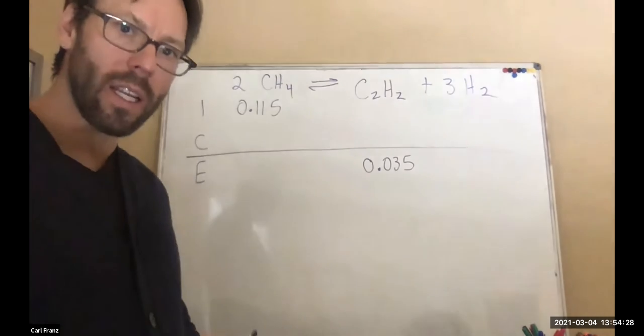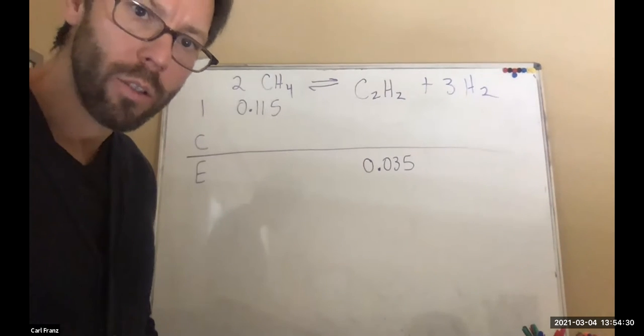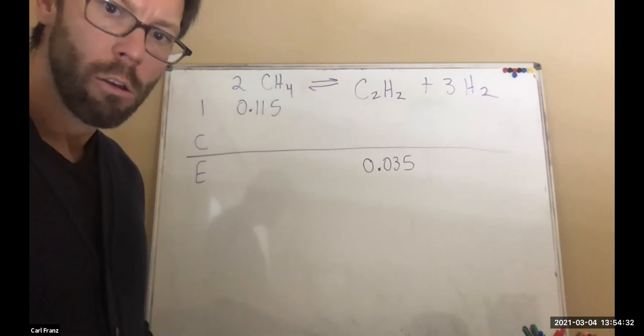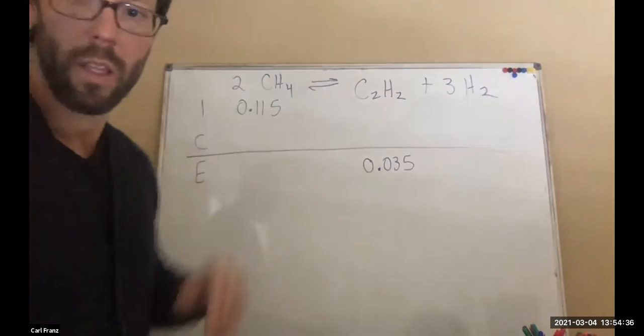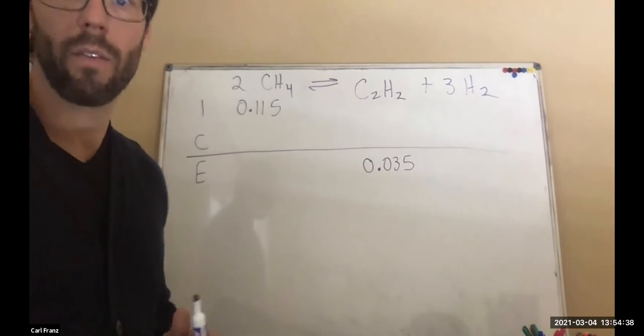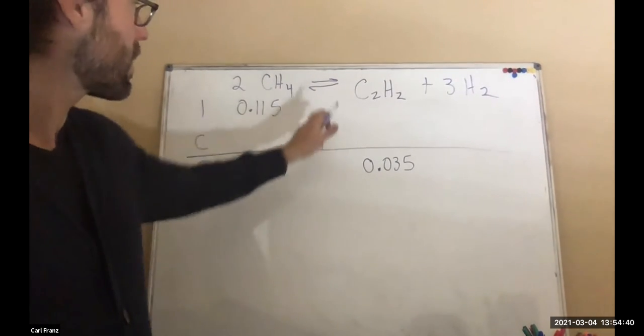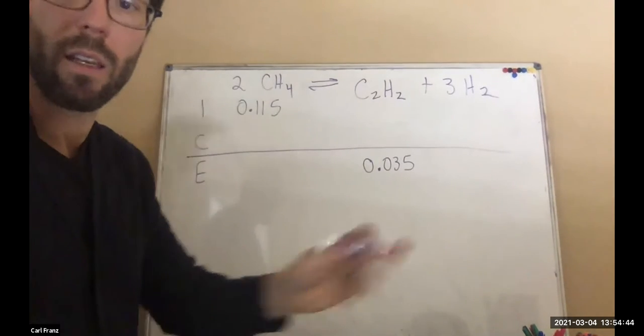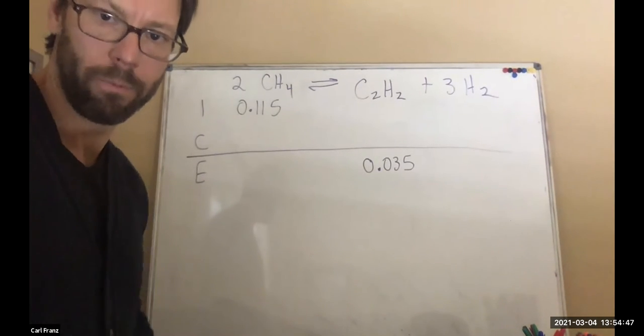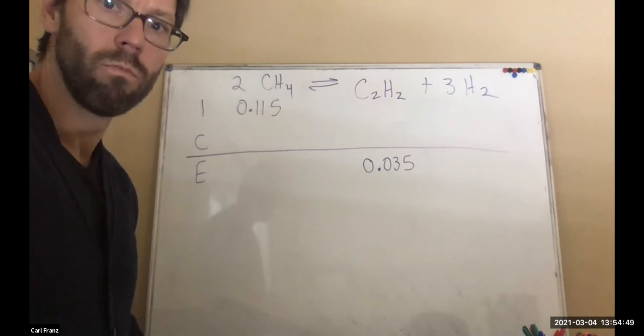All right, hopefully you guys got to hear so far. I just got my initial concentration and the equilibrium concentration that I'm given. If this is initially 0.115, what is ethane and hydrogen gas going to be? 0. 0.